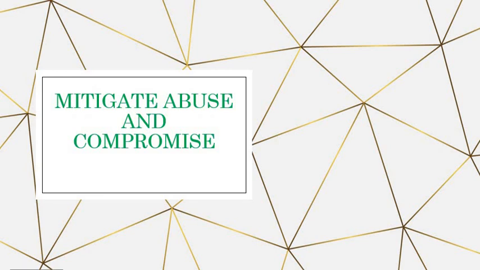Now, you have to take care to mitigate abuse and compromise. There could be some malware on your system that can cause harm to other internet applications and websites. This will result in an AWS abuse warning. If you get such a warning, you must immediately investigate the matter with the help of your operational and security team.